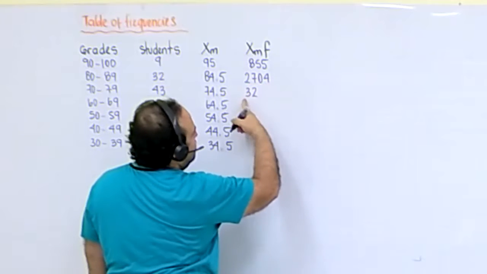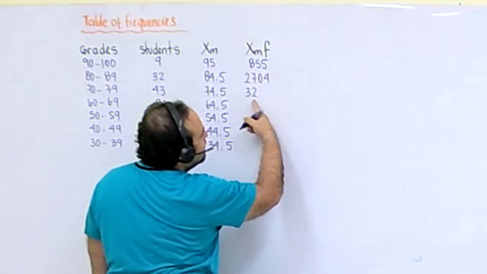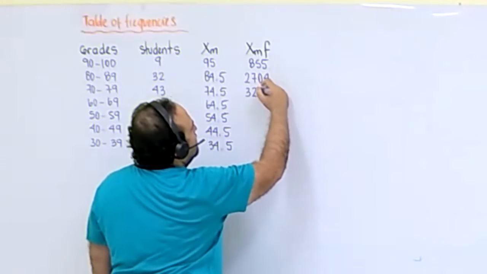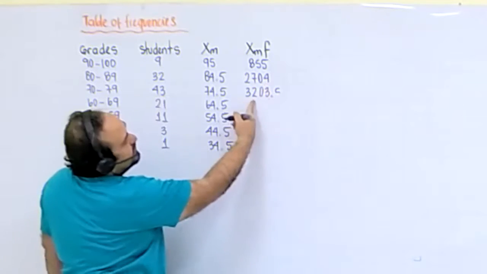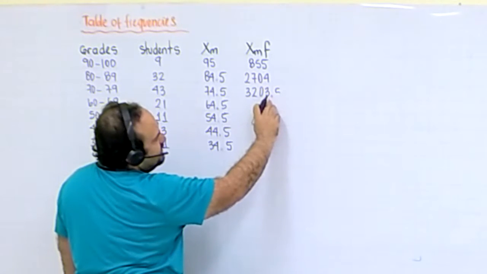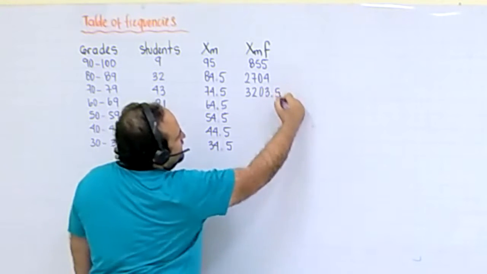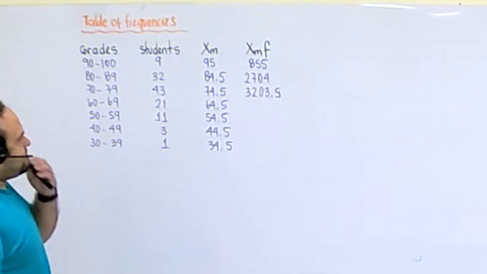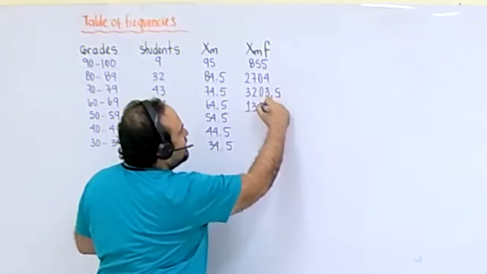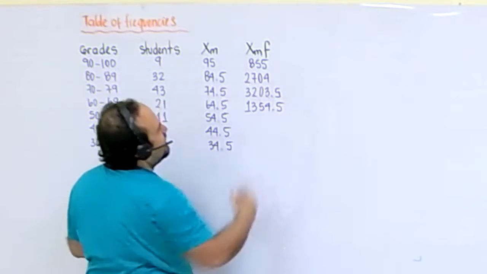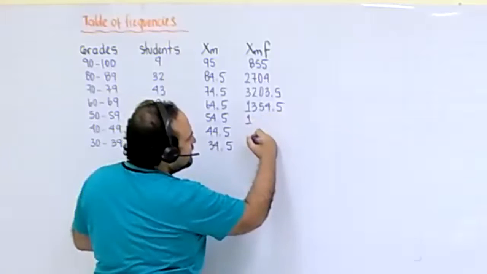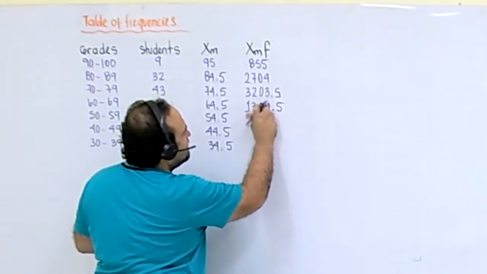3,203.5, okay. Next one, 1,354.5. Okay, next one. 599.5.